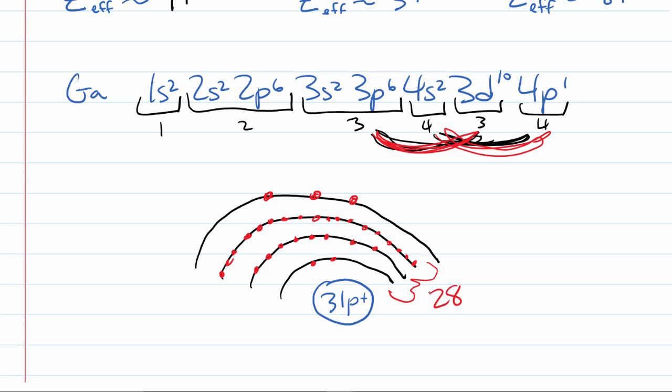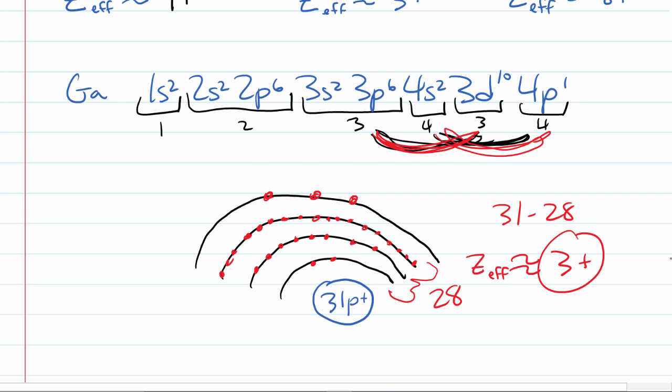Because there's 31 protons that are basically having their effect canceled out by 28 inner-level electrons. So we take the 31 minus 28, and we see that the approximate effective nuclear charge it sees is about 3 positive.